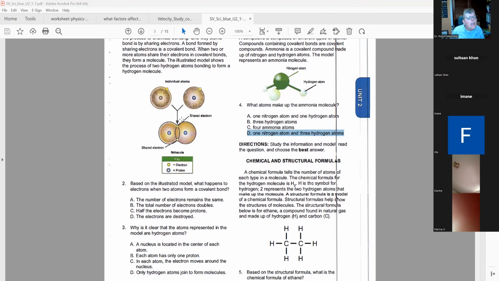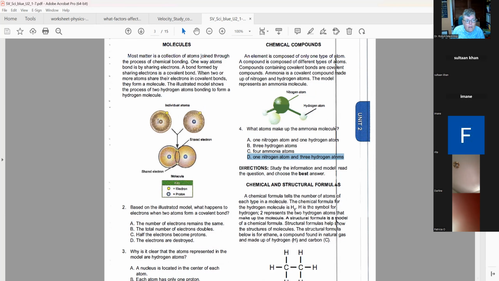So back here on the image for 2 and 3, they're good about showing you that these are 2 individual atoms. They don't really give you a lot of information about what it is unless you read. And they do say in the reading, these are each hydrogen atoms.